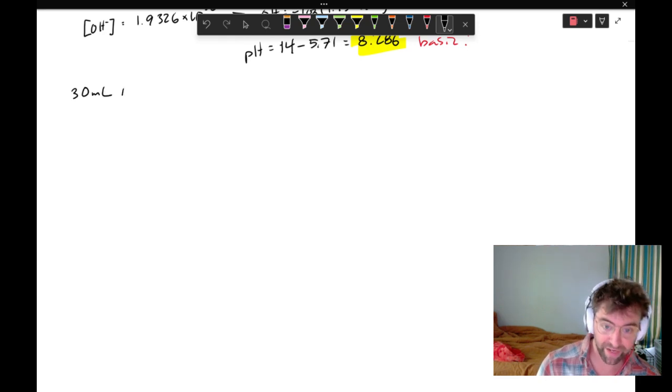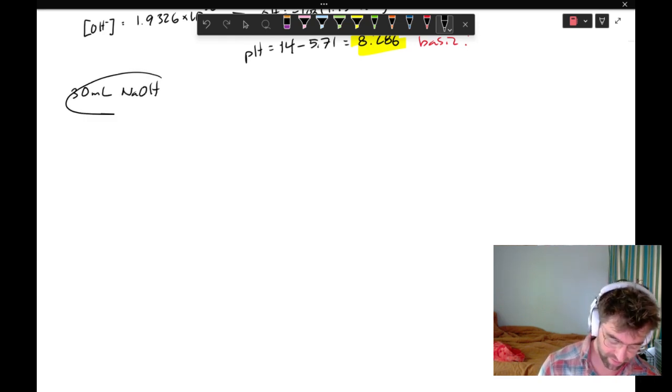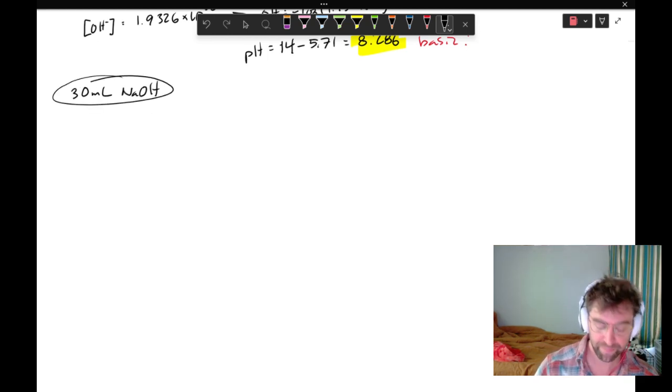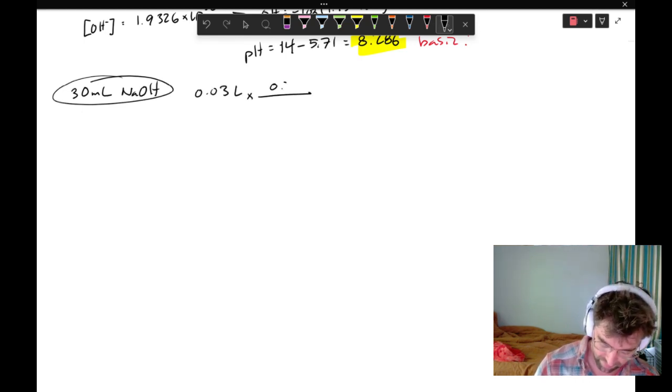Now we're just going ham, and we're going to add an excess of sodium hydroxide. We've got 0.03 liters. That's 2 molar, 1 liter.